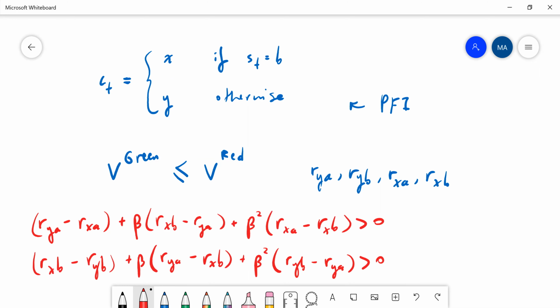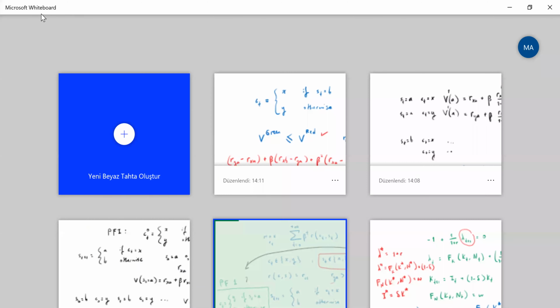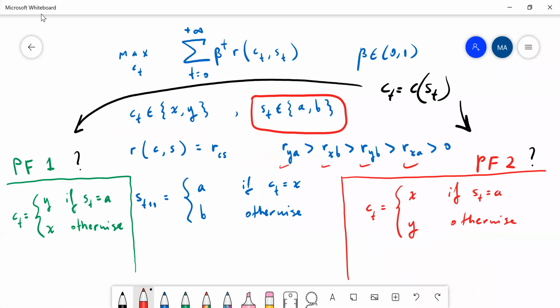Okay, so let me check. Then for this to be true, these also must be satisfied, okay? Because let me find the red policy again. Sorry, the green policy will be correct.